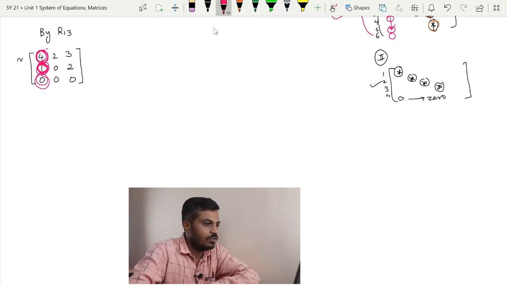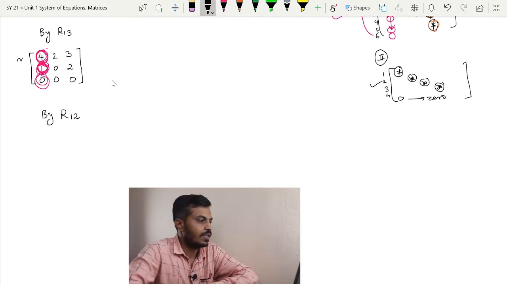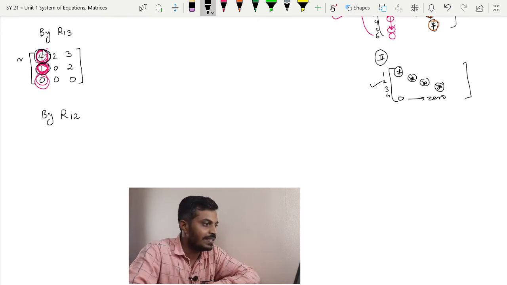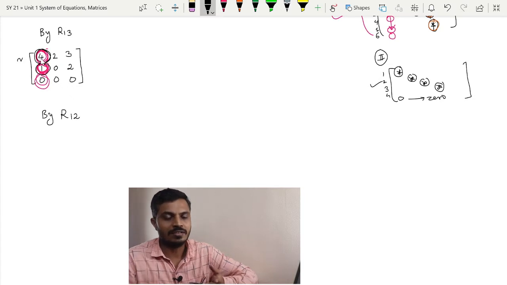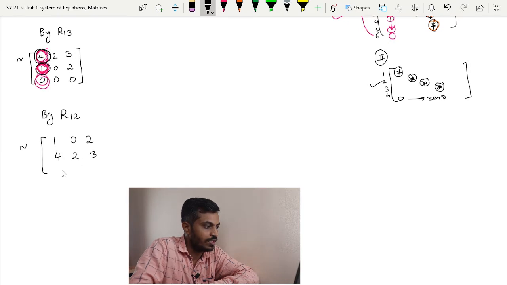First of all, I will interchange the first row and second row, because this entry is already 1 and I want 1 to be here. By performing this elementary row operation, I will get 1, 0, 2, 4, 2, 3, 0, 0 and 0.